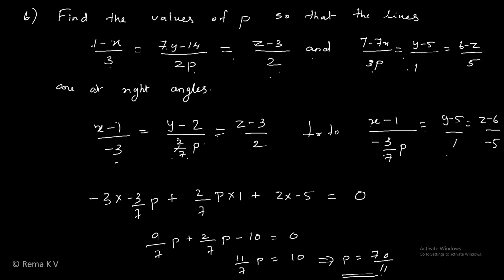So always remember to write this in standard form. Whenever the equations of two lines are given in Cartesian form, check whether they are given in standard form, that is x minus x1 by a equals y minus y1 by b equals z minus z1 by c.